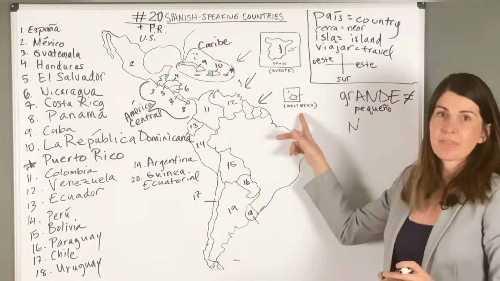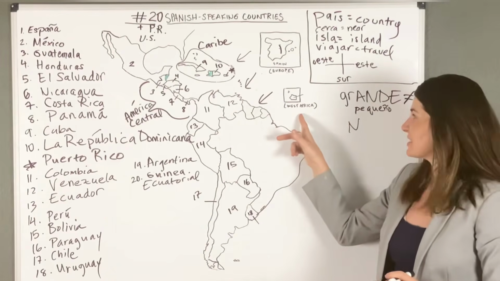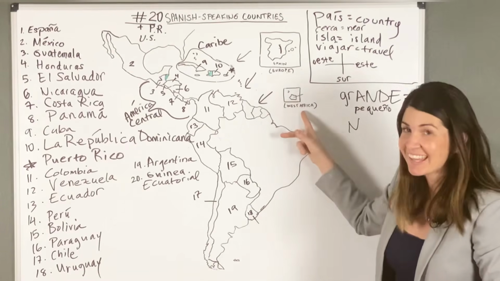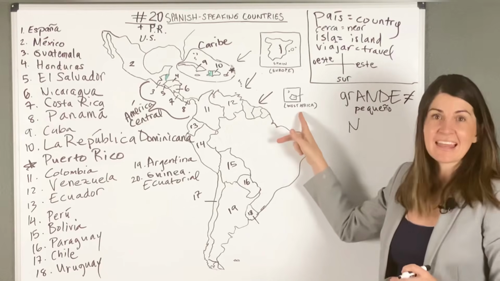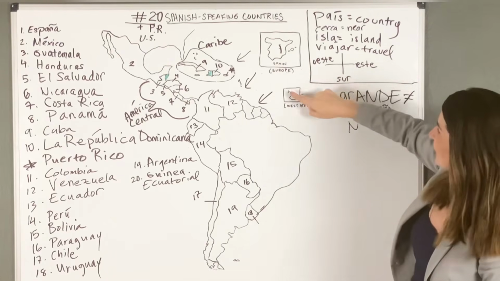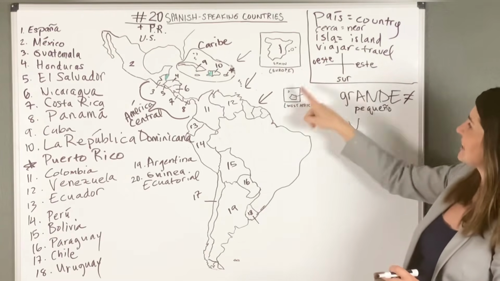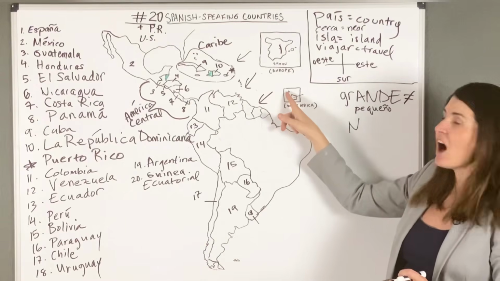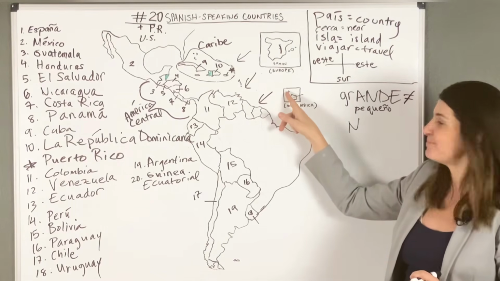Spanish is one of 3 official languages in this country. And what's also interesting, lo que es interesante de Guinea Equatorial es la capital, es una isla. La capital es una isla. So the capital of Guinea Equatorial is off the coast on an island.